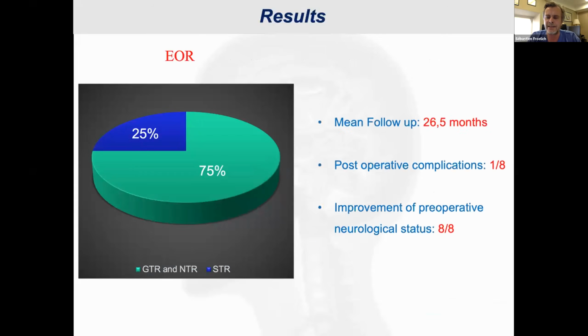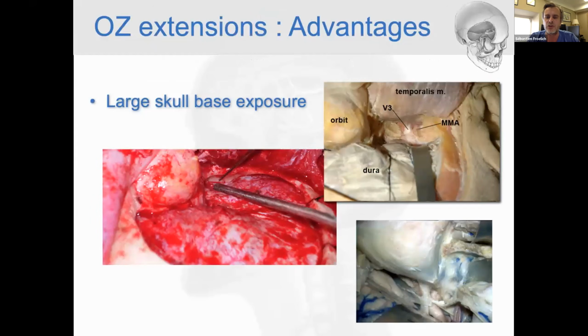So extent of resection with this approach is quite good. It's not 100%, but 75% of gross total resection or near total resection, and no complication in terms of brain injury. Another advantage of the FTOZ approach is that it gives you a wide exposure of the skull base, of the orbit, the caverno-orbital junction, but also of the temporal fossa floor.